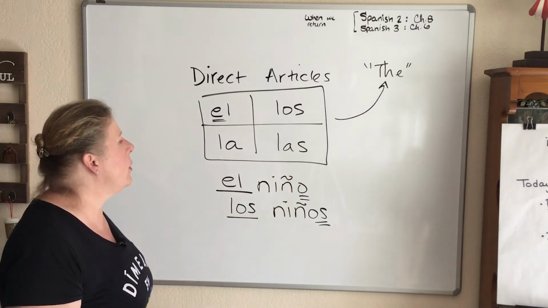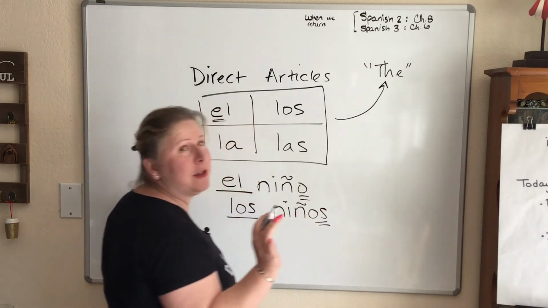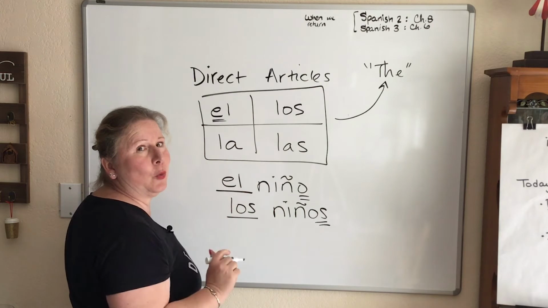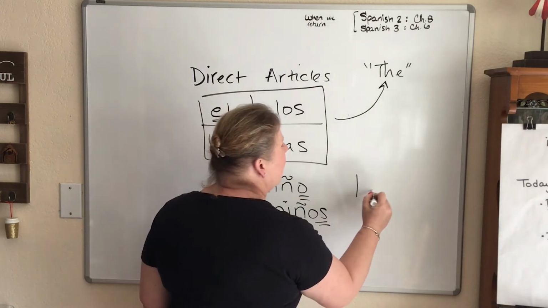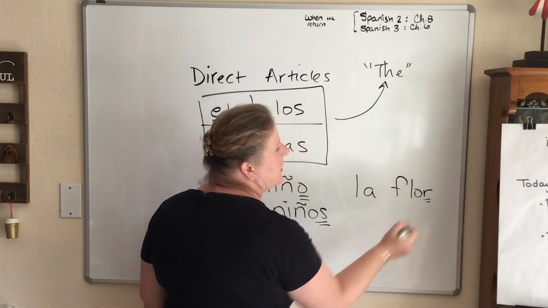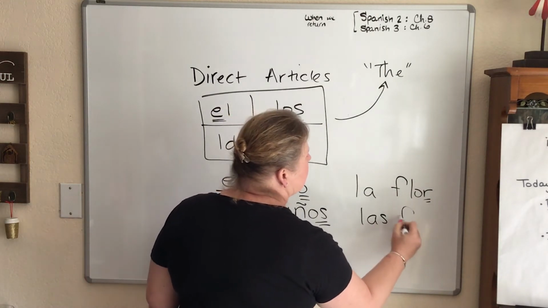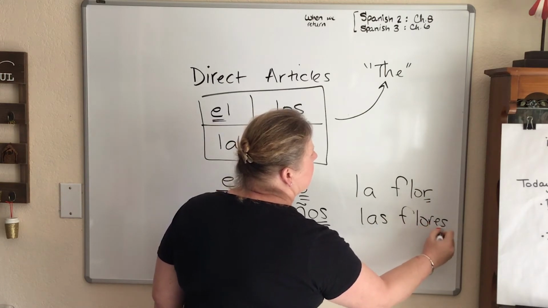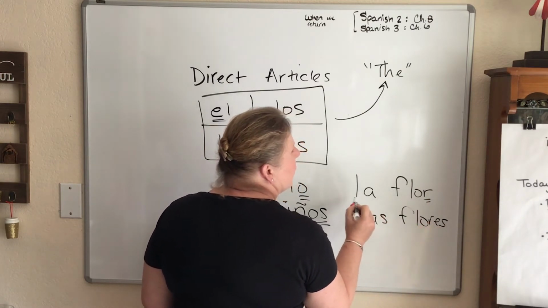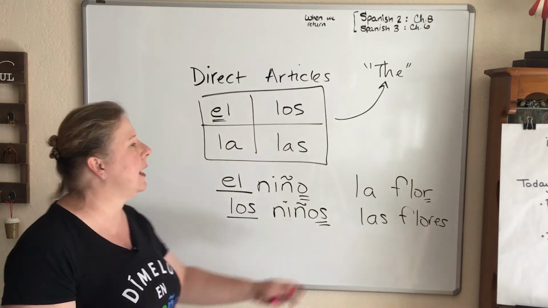Okay, same with our feminine. If you have a flower, now about to break the little rule here. Flower, la flor, oh my goodness, ends in an R, okay? And las flores, okay? So feminine singular, feminine plural has to line up.